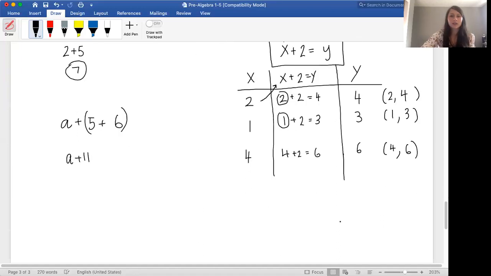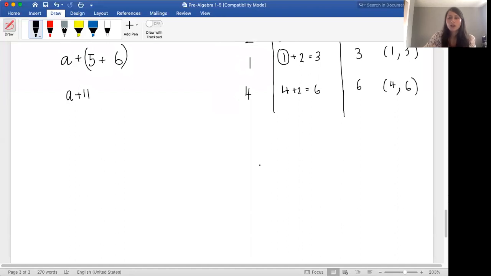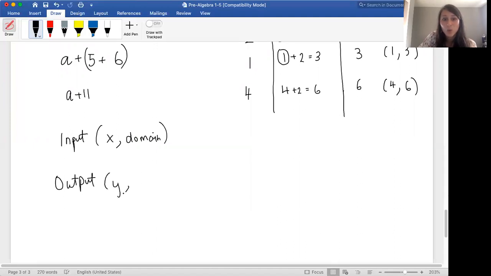So here's another thing. Inputs and outputs, we can give them synonyms. Remember how we called the x value a domain? Well, the input a lot of times is our x value, and it's our domain. Our output a lot of times is y, and that is our range.